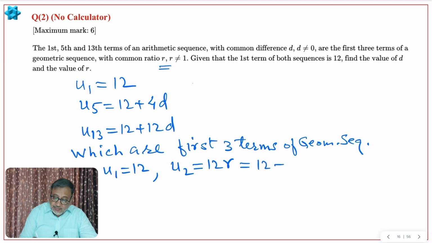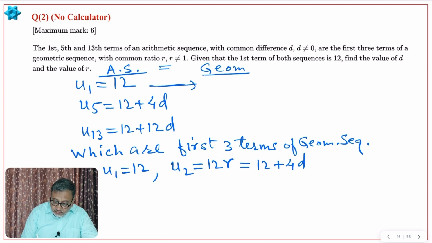Look here, let me write arithmetic sequence and geometric sequence here so that you will understand. The first term is the first term. The second term, this is the second term. So u2 in geometric is 12r, and the third term in geometric is 12r square, right?